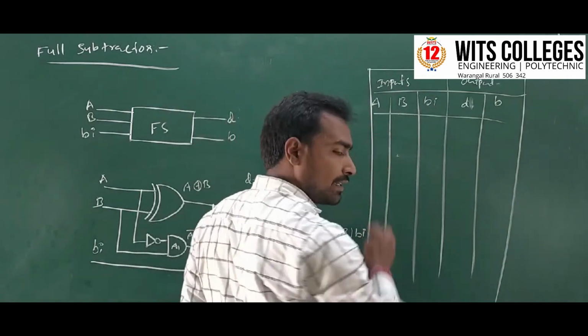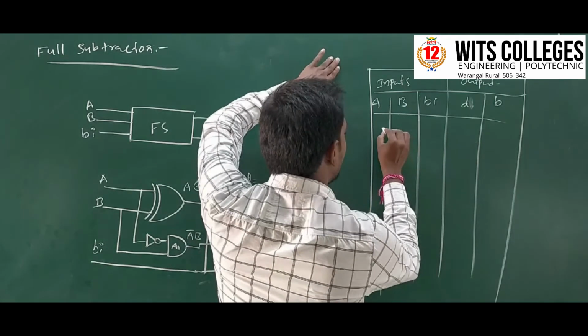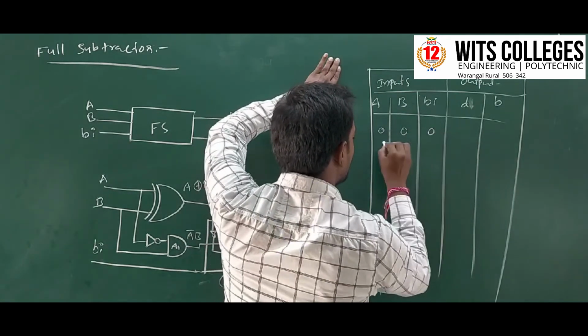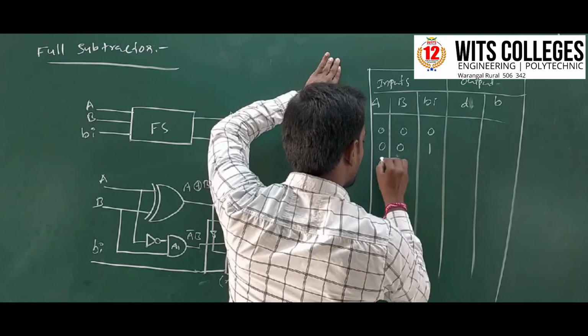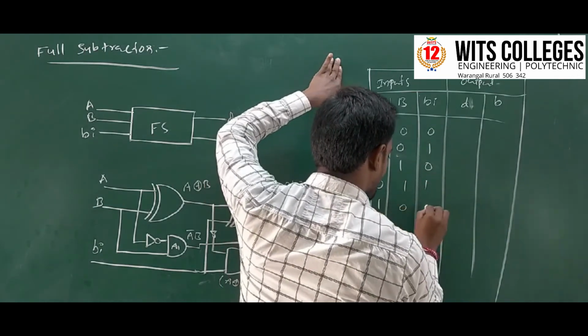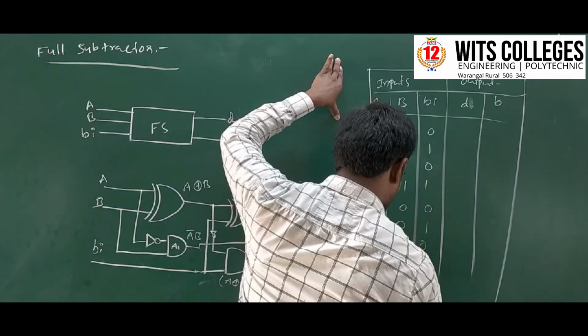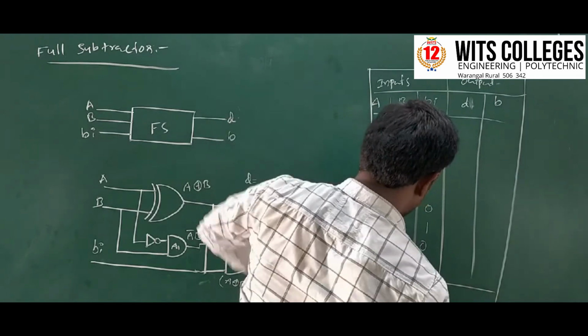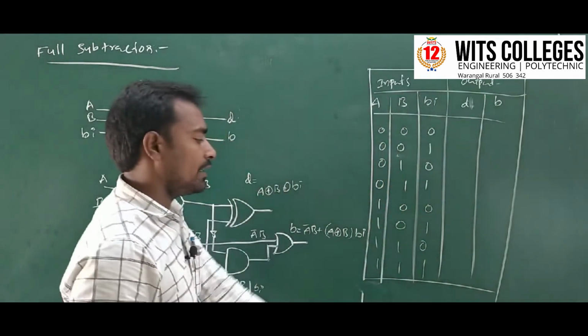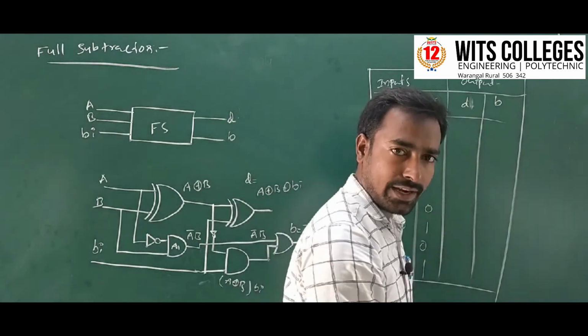The combinations here: A, B and borrow inputs are the inputs, 0 0 0, 0 0 1, 0 1 0, 0 1 1, 1 0 0, 1 0 1, 1 1 0 and 1 1 1. Okay, so here these are the inputs, and here we are getting the output of the difference and borrow.